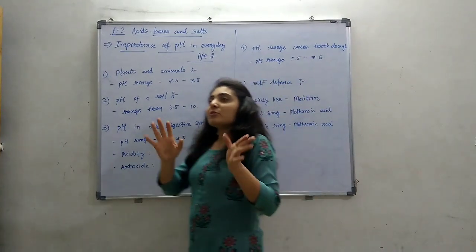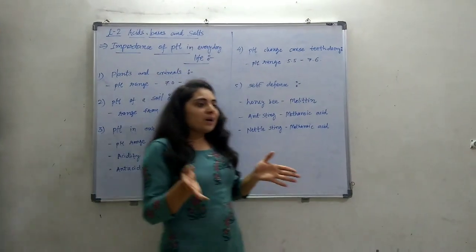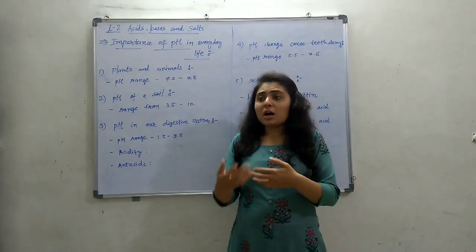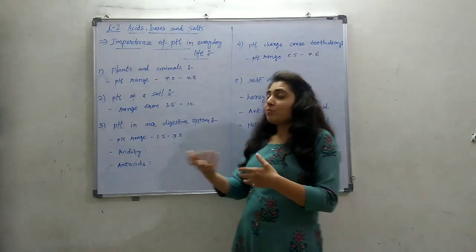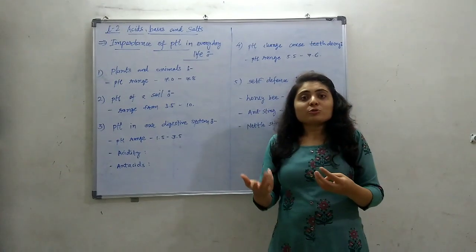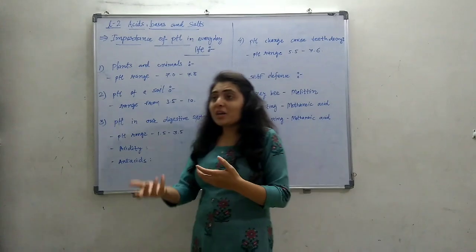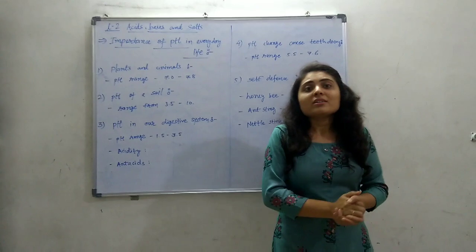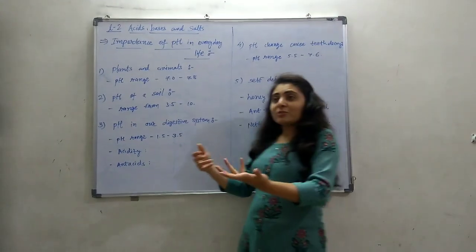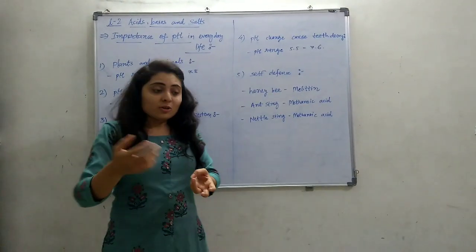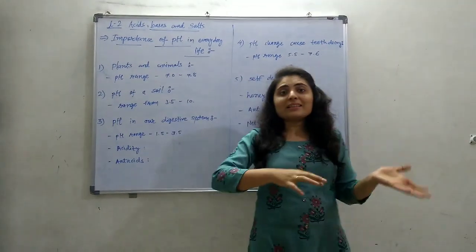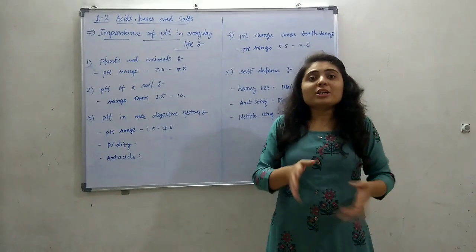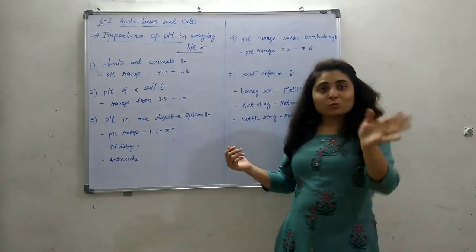So what farmers do, if their plants are adapted to acidic soil and somehow the soil becomes basic, they have to add acidic material to make the soil acidic. And if the soil is acidic, then they have to add some basic material to make it normal.